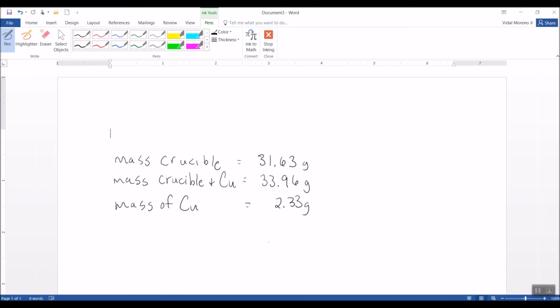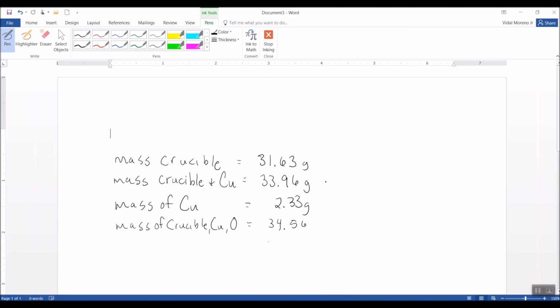Okay, what was the next measurement we had? The mass of the crucible, the copper, and now the oxygen with it. And it measured 34.56.